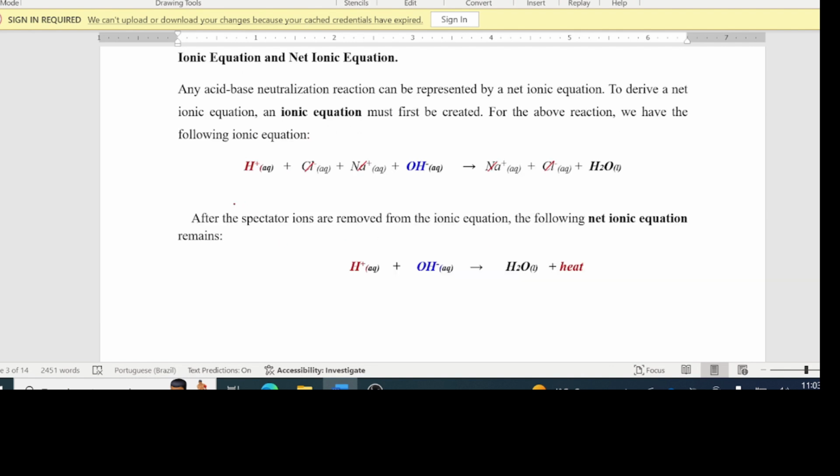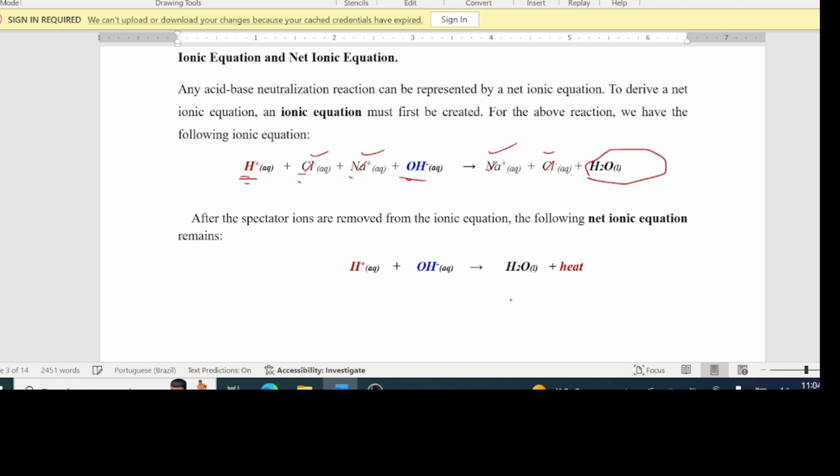Ionic equation, again, just like we did in one of our previous lessons, you break the acid down into these ions here. These are the ions. Sodium hydroxide gives you these here. And this is what you have. Take out the spectator ions, spectator ions go. What you're left with is this one here, and this one here, and that forms water.